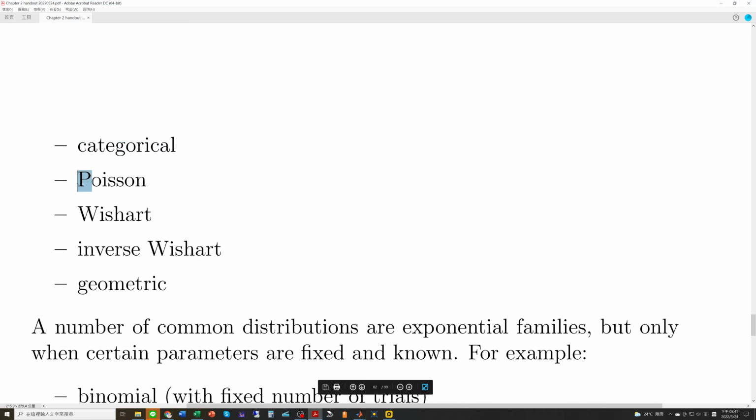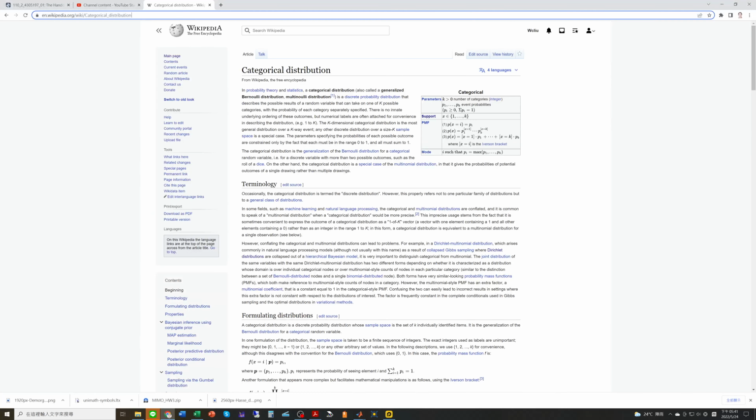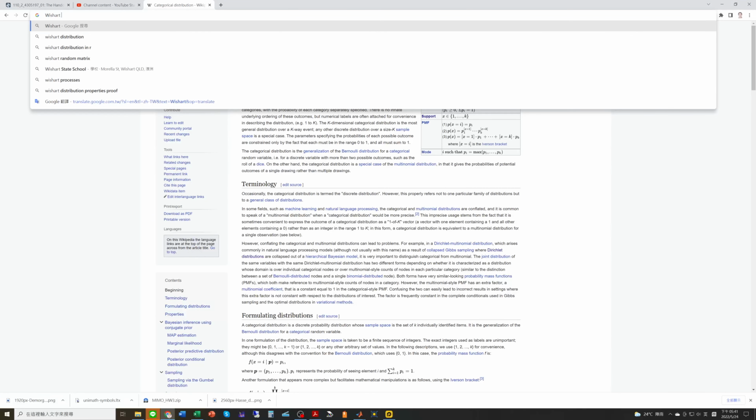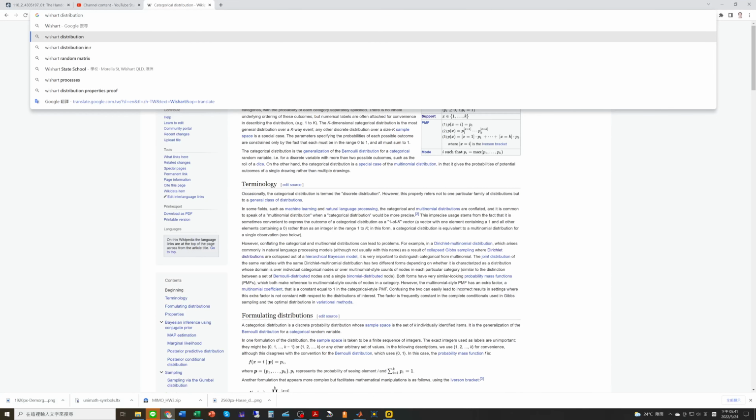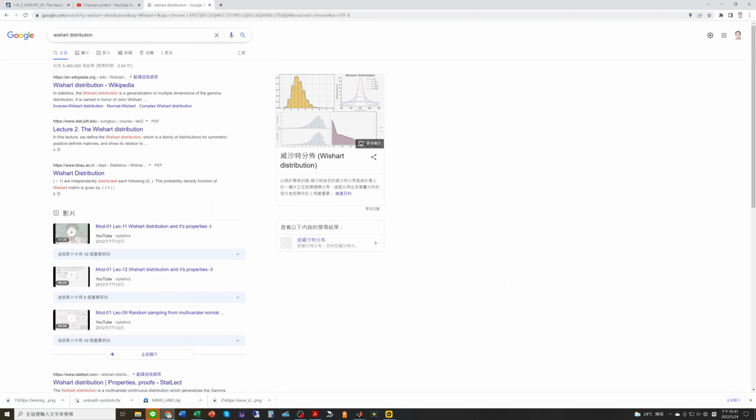Okay, next, Poisson distribution and Wishart distribution. Okay, what is a Wishart distribution? I do not put the introduction to Wishart distribution in this handout. However, you can find it.